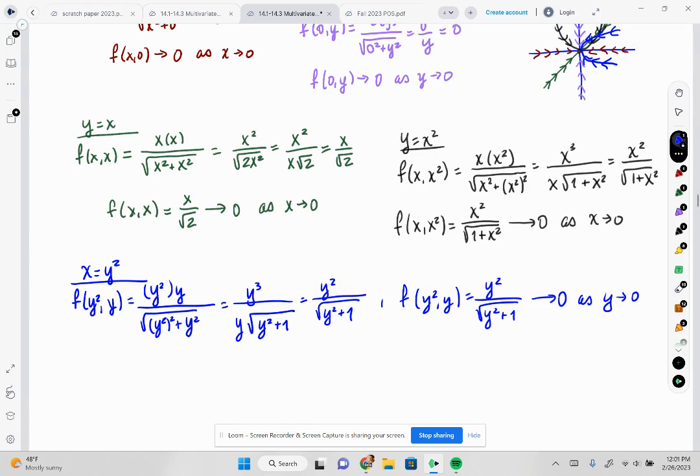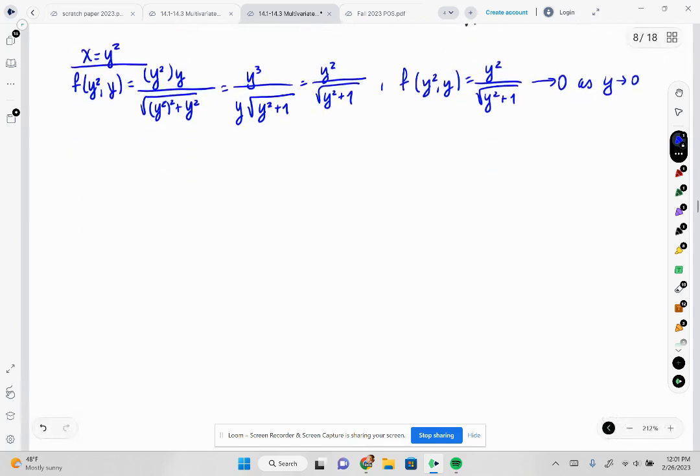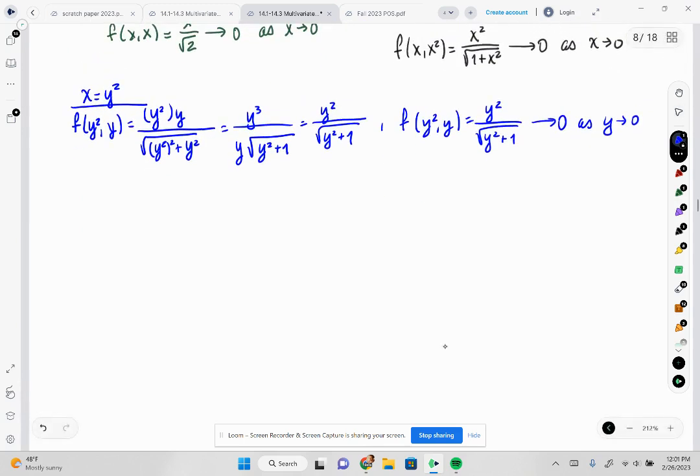Okay, that's 5 paths, and in 5 paths I've gotten 0 every single time. So I kind of want to prove that I actually have a limiting value of 0. So just to say that, 5 paths all go to 0 in the limit.